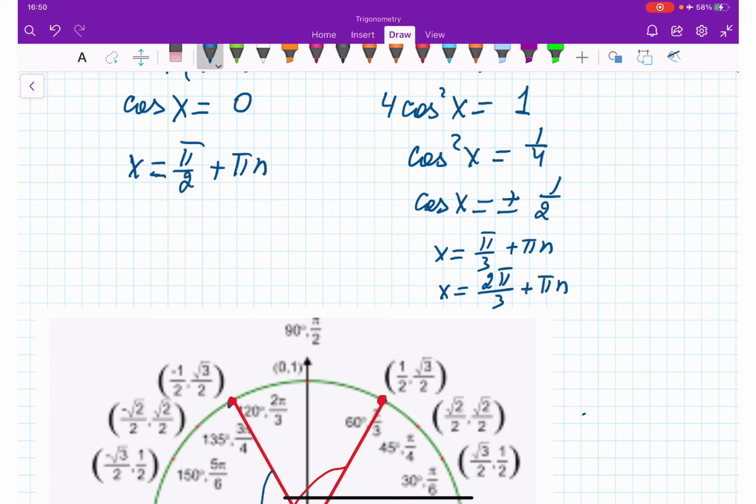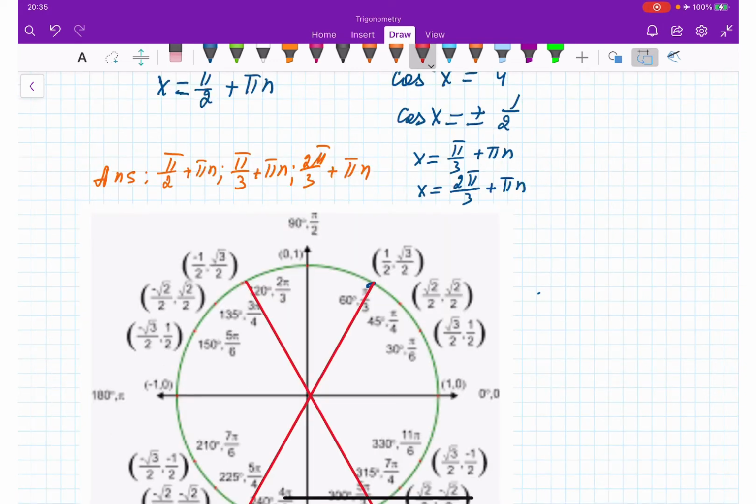Okay, so the answer here: we have pi over 2 plus pi n. We have pi over 3 plus pi n. And we have 2 pi over 3 plus pi n.